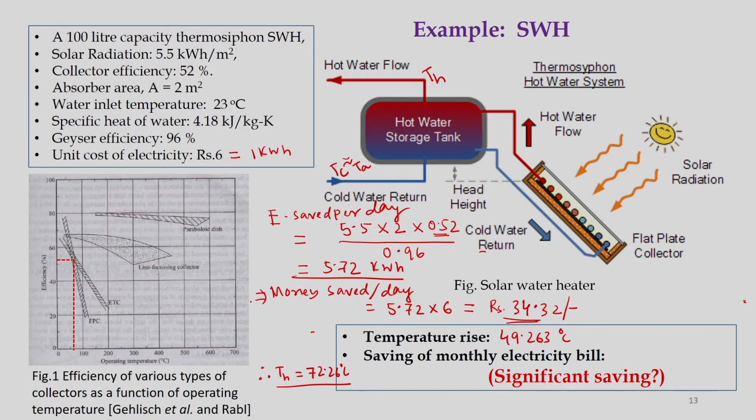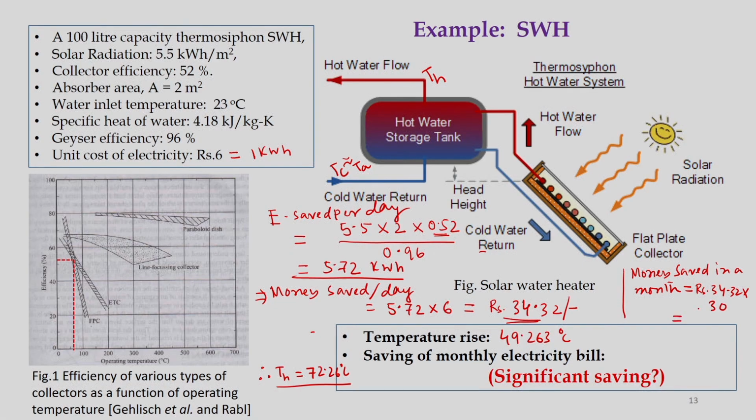If we talk about savings for a month, the money saved in a month will be rupees 34.32 multiplied by 30 days.